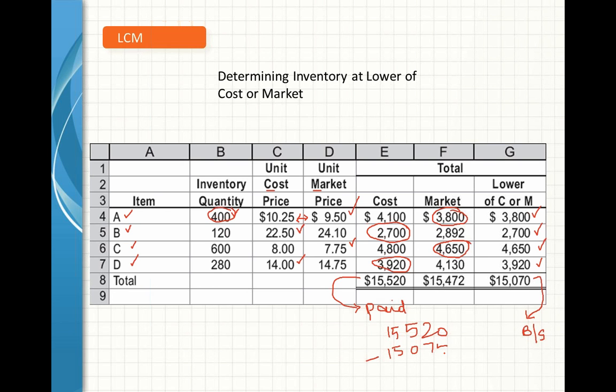So $450 I am going to record as a loss in my financial statements. This is a loss. Okay. So this way you need to determine the ending inventory value. The concept is lower of cost or market.